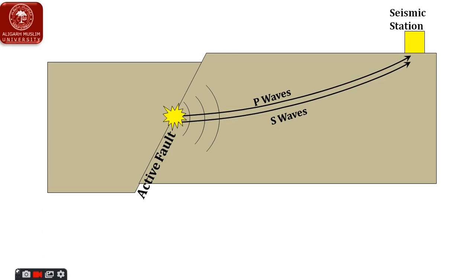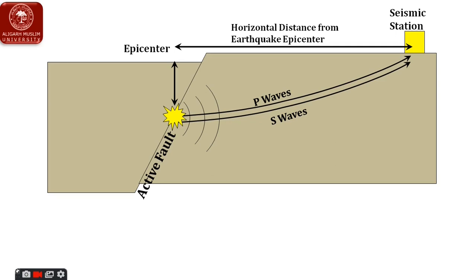So vertically above the focus, or the point where the earthquake energy has been released, there is the epicenter, and the horizontal distance from the earthquake epicenter to the seismic station needs to be estimated. Now if we know the horizontal distance for at least 3 seismic stations, we can use the triangulation method to pinpoint the location of the earthquake epicenter.